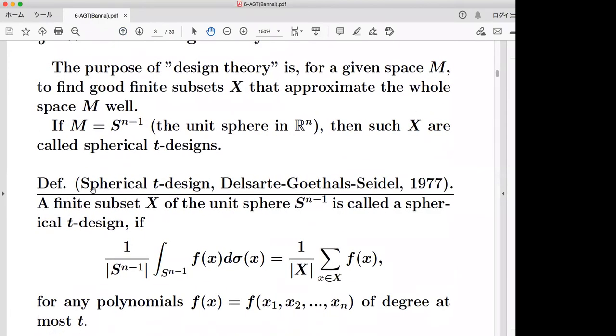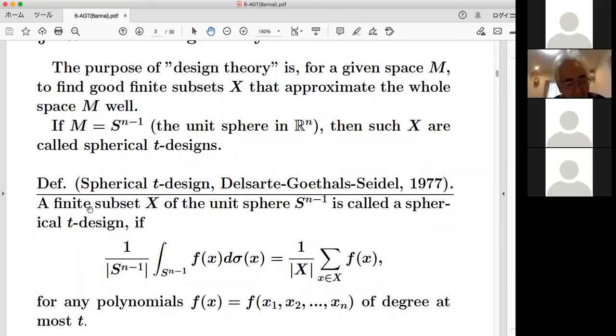Let me define spherical t-design. This concept is due to Delsarte, Goethals, and Seidel, 1977. A finite subset X of the unit sphere S^{n-1} is called a spherical t-design if the following condition is satisfied.